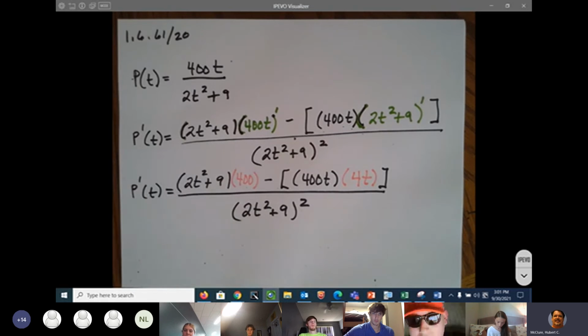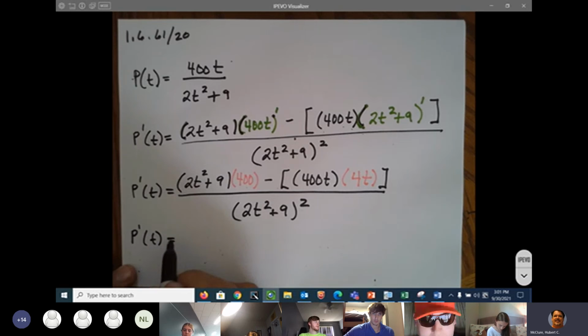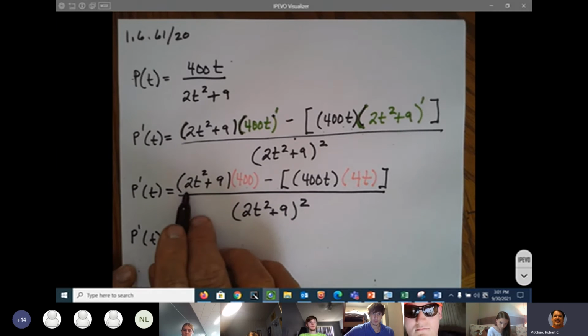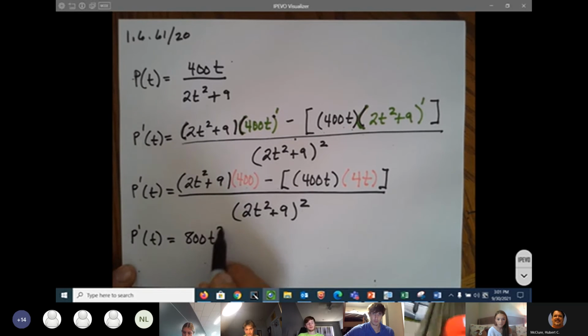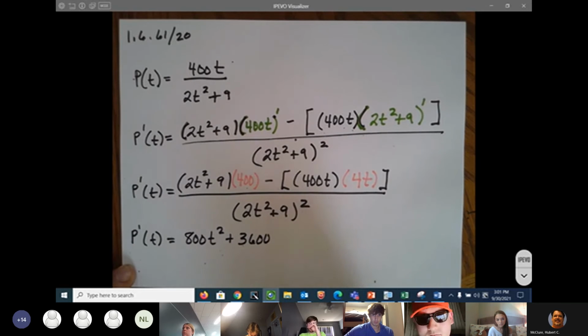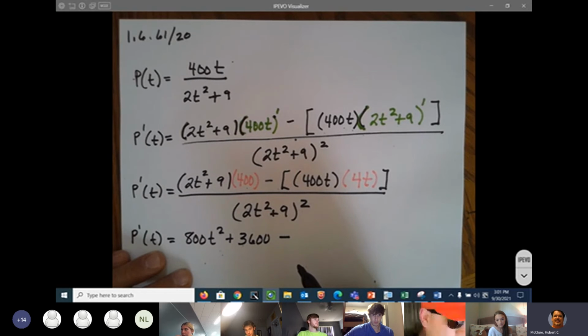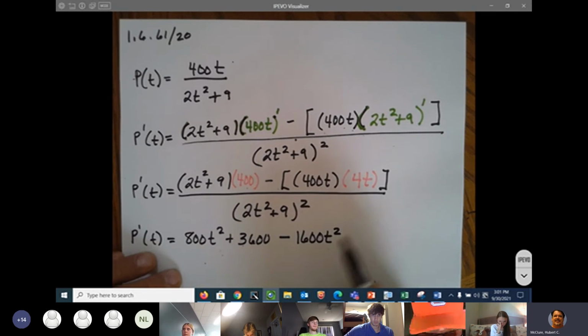Here we go. P prime of t is equal to 800t squared plus 3600 minus 1600t squared, divided by 2t squared plus 9 quantity squared. Somebody check that, please. 4 times 400 is 1600, isn't it?